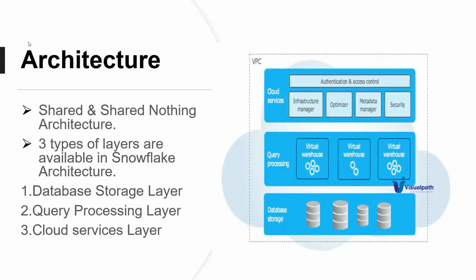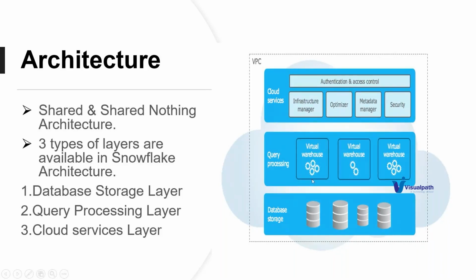Now we come to the Snowflake architecture. Here we have three layers of architecture. Snowflake is a three-layered architecture, from top to bottom or bottom to top, either way. I will start with the database storage. The first layer is called the database storage layer.